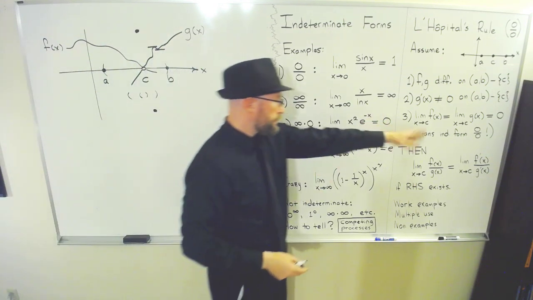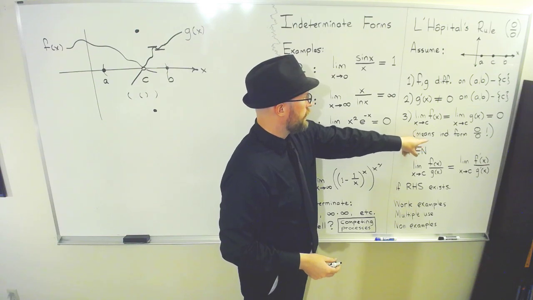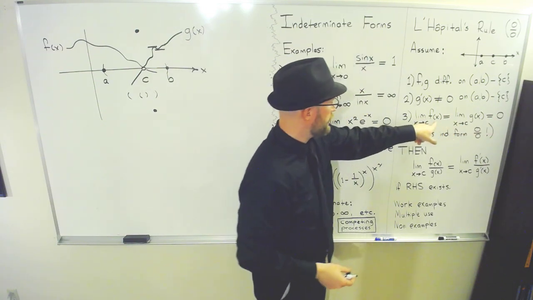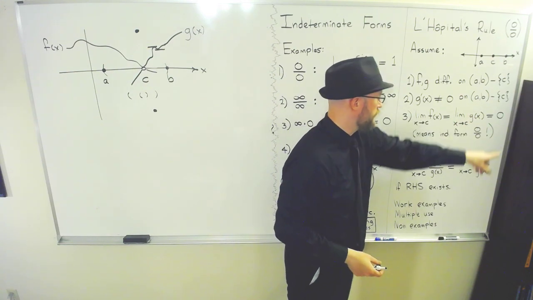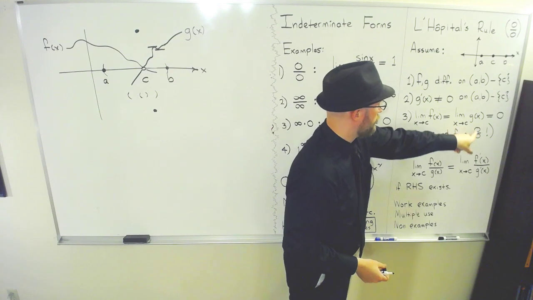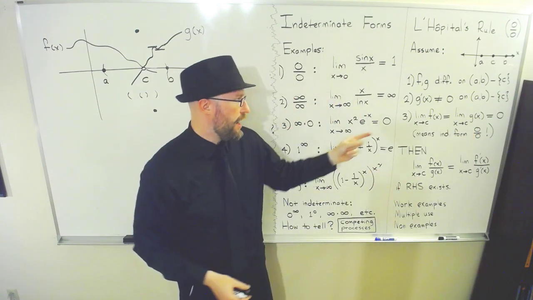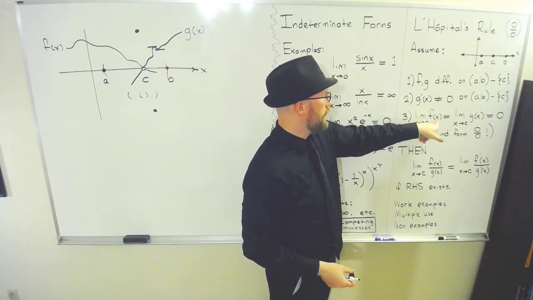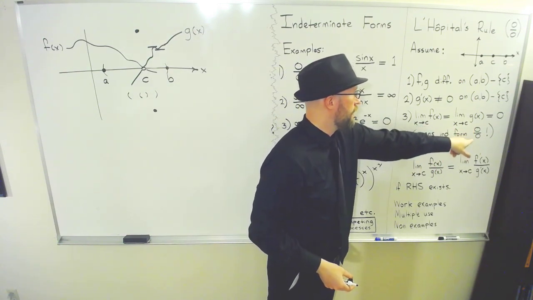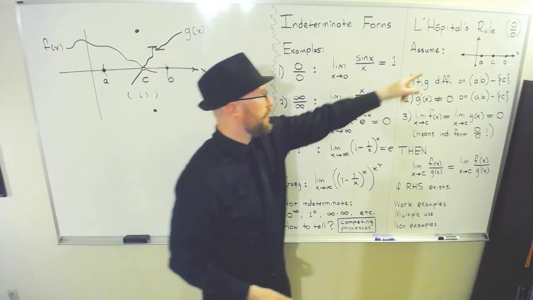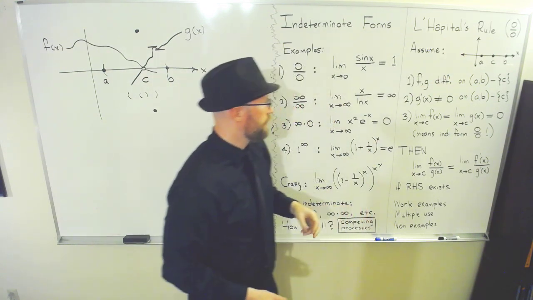But anyway, the fact that this limit is 0 and this limit is 0, that's why it's the indeterminate form 0 over 0. And we've already seen this many times, the idea that when you just naively substitute in for the function values, I'm getting 0 over 0. So that's why I'm saying this is L'Hopital's rule in the case where it's in indeterminate form 0 over 0.